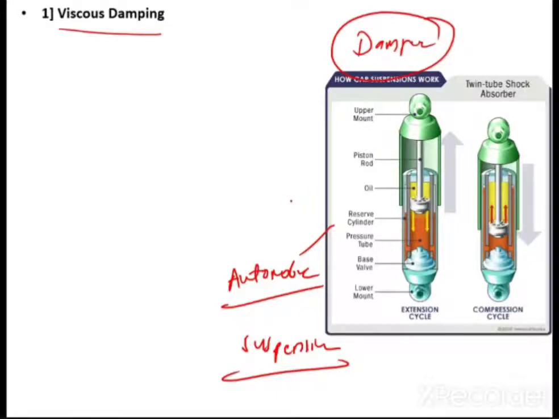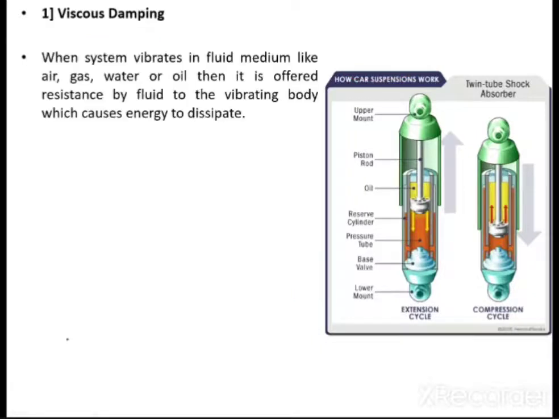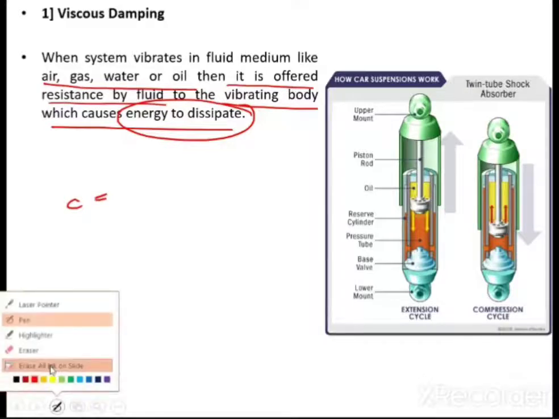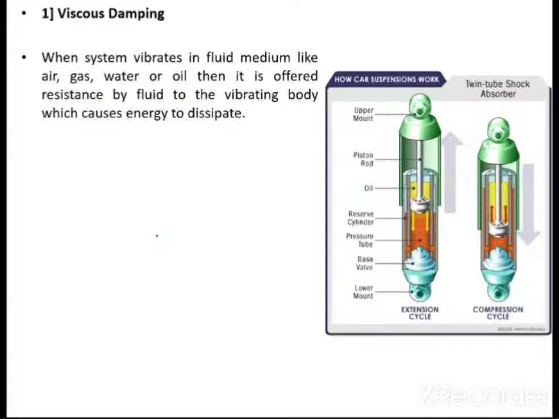Now, what is viscous damping? Let us first understand. When the system vibrates in a fluid medium like air, gas, water, or oil, then resistance is offered by the fluid to the vibrating body, which causes energy dissipation. So, what is the function of C? Function of C is to dissipate the energy, the kinetic and potential energy, because of which the system is vibrating.